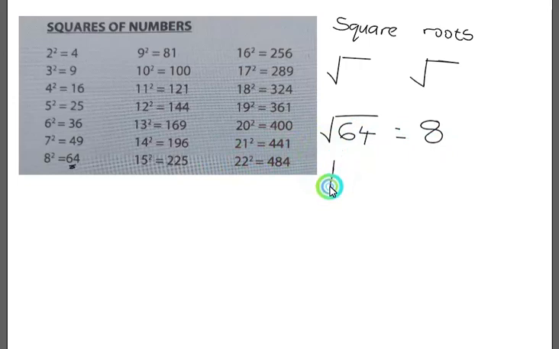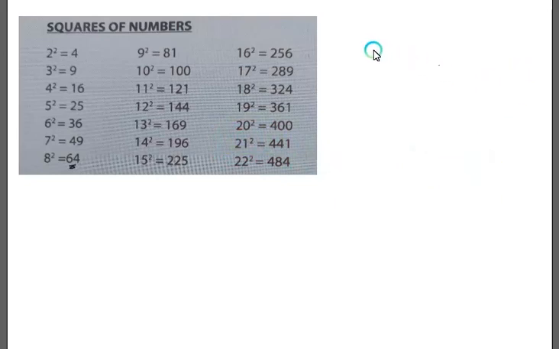Okay, square root of 441 is equal to 21. Sorry, my pen seems to be misbehaving today. Then we can also have square root of 81. And what will it be?